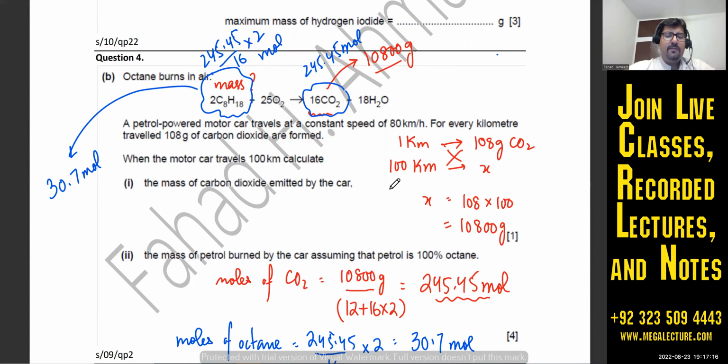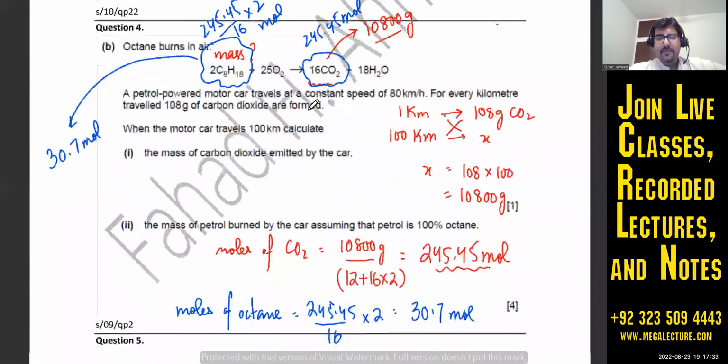The first part was that we figured out that there was 10,800 grams of carbon dioxide being produced. कल हमने किया था कि a moles question deals in moles, right? It's the equation that deals in moles. It's the ratio of moles. So if you found 10,800 grams of carbon dioxide, you can convert that into moles. Mass divided by molar mass.